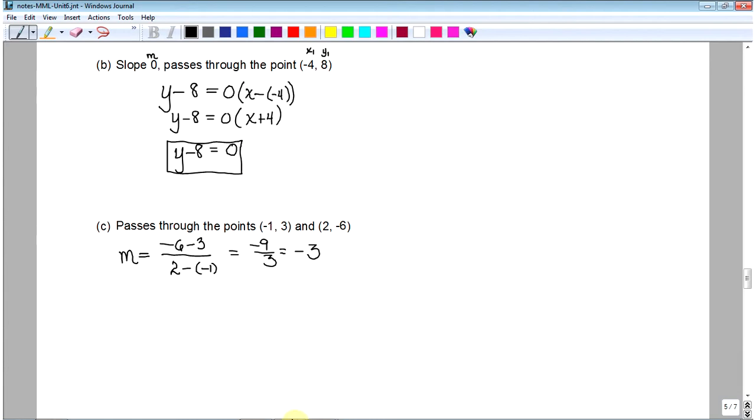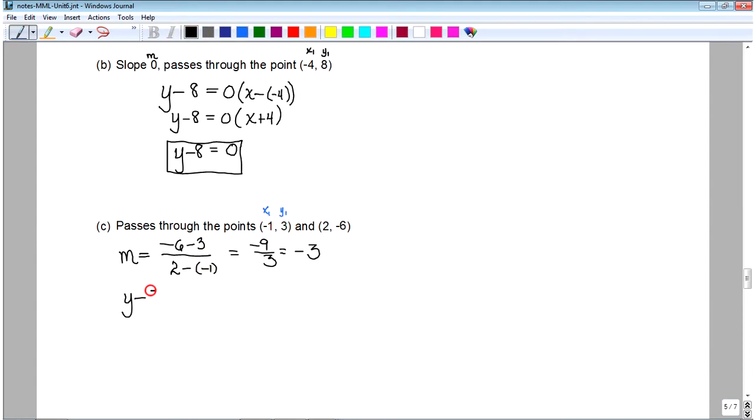So to get the equation of our line in point-slope form, we do y minus, and this is where you pick either of your points. It doesn't matter. We can arbitrarily pick our first ordered pair, x1, and make that our y1.